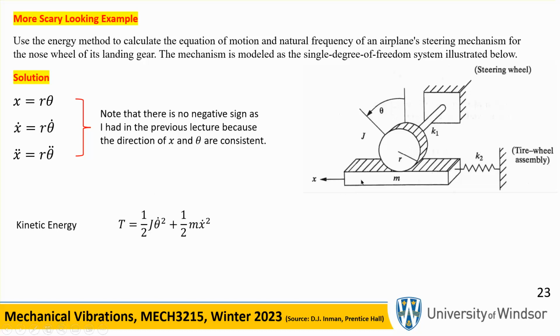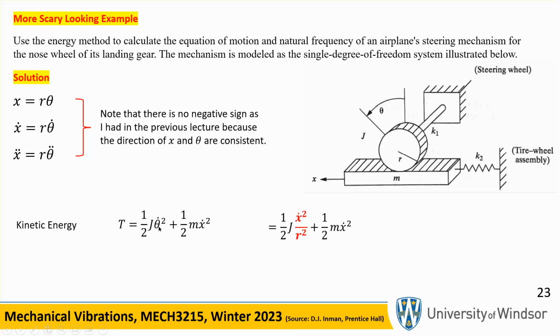Kinetic energy comes from two sources. Translational energy of this rack: it has a mass m, it has a velocity x dot, so square it, 1/2 in the front. And you have a disk that's rotating, and the disk has a mass moment of inertia about the mass center, for example, J, so it's going to be 1/2 J theta dot squared, okay?